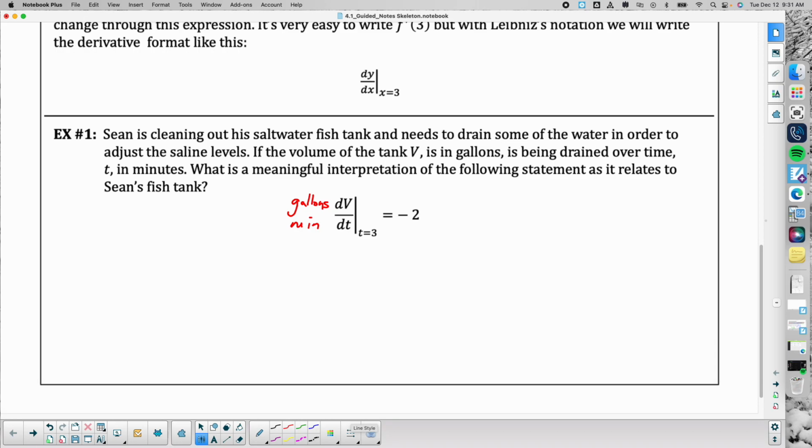So what does an answer of -2 mean? Okay, so it's losing 2 gallons per minute. Not over 3 minutes, but you're right, at 3 minutes. Yeah, losing 2 gallons per minute at the 3-minute mark.